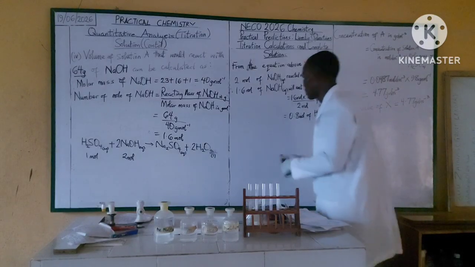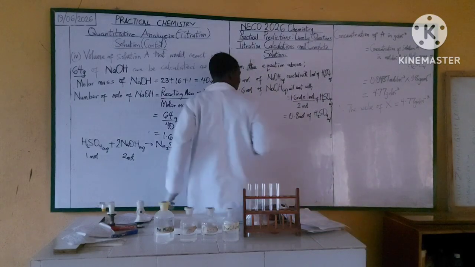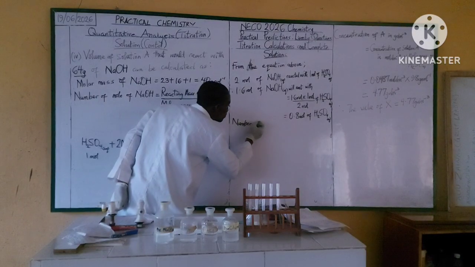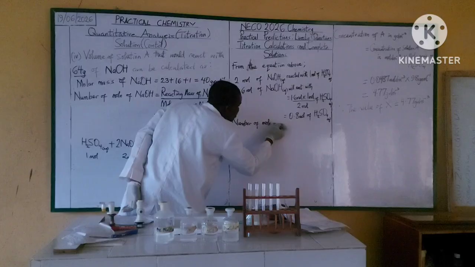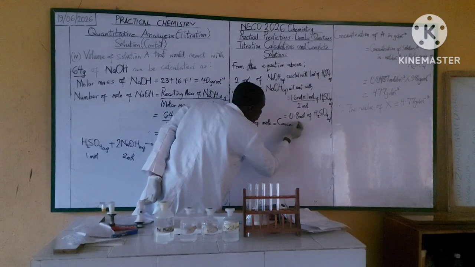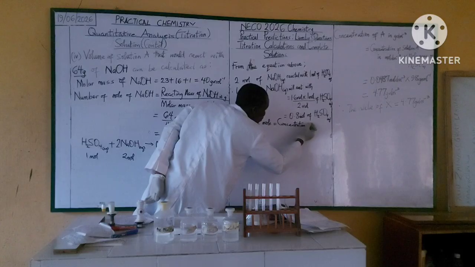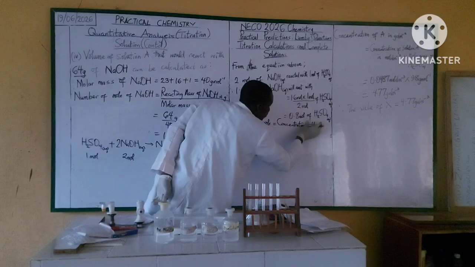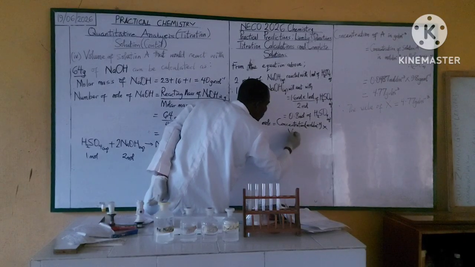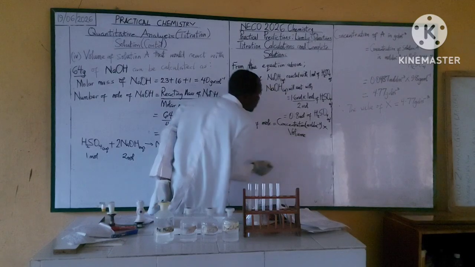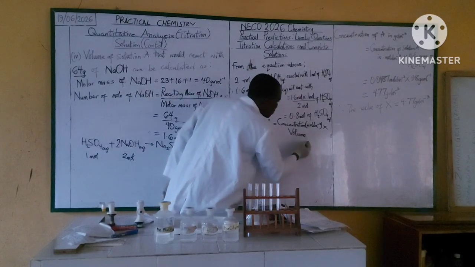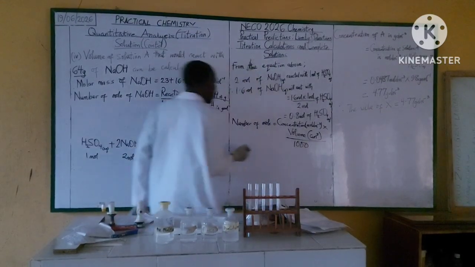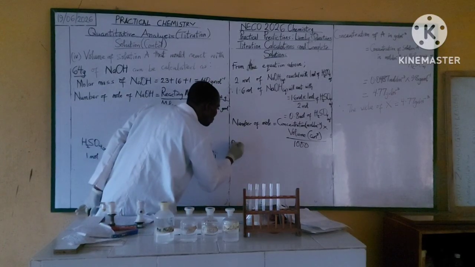And if you remember, number of mole equals concentration in mole per dm cube, multiplied by volume in cm cube over 1000. Now number of mole equals 0.8 mole.